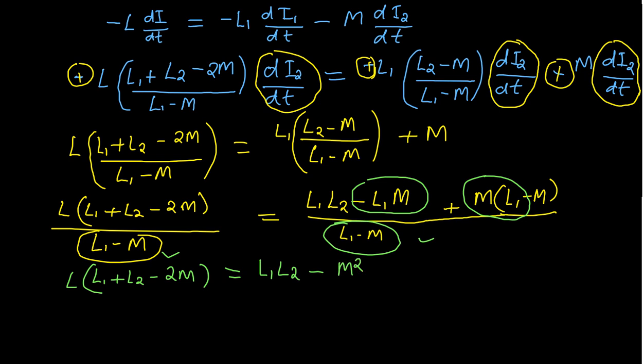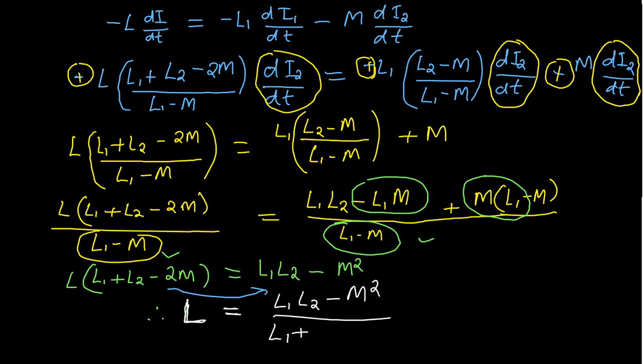Our aim is to find the effective inductance L. Therefore, moving this term to RHS, we get effective inductance L is equal to (L1 L2 minus M square) divided by (L1 plus L2 minus 2M).